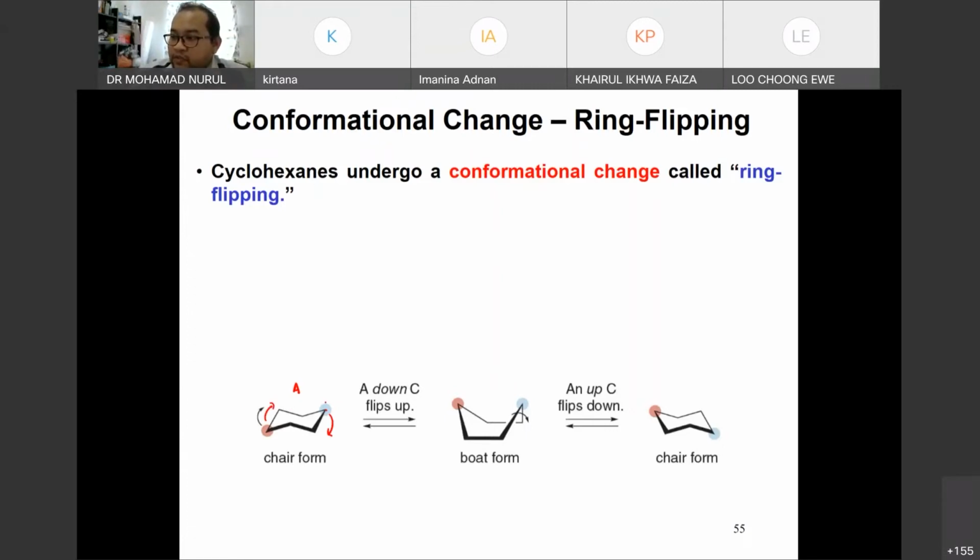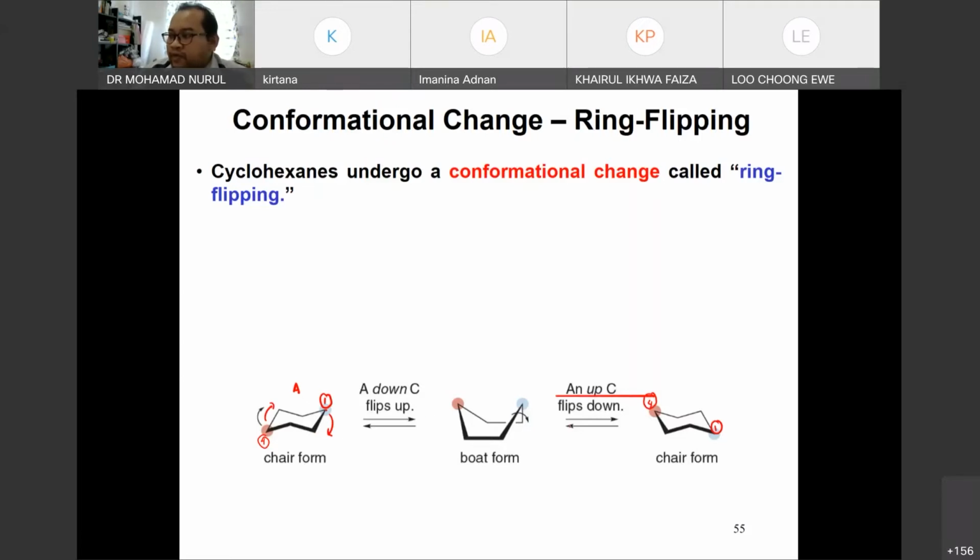If we label this carbon number A and number 1, and we flip down, it becomes like this. So carbon number 1 is in this position, and carbon number 4 is in the upper position. This is what we call flip down.